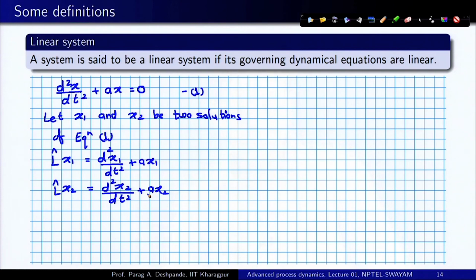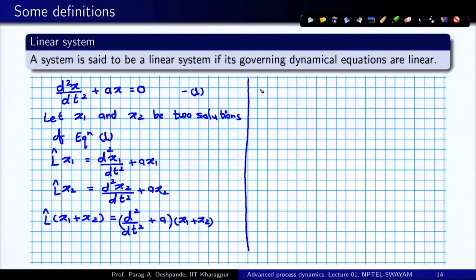Now, according to my first property, I should operate L on x 1 plus x 2. So, what would this be? d 2 by d t squared plus a, and this must be operated on x 1 plus x 2.